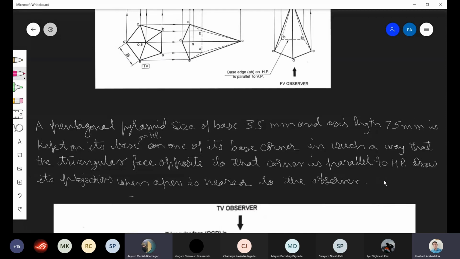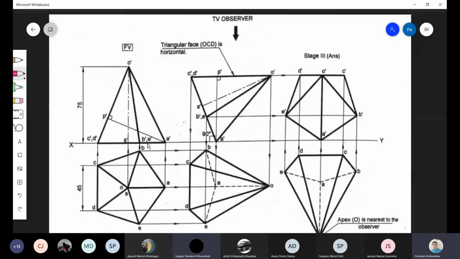सर इसमें एंगल नहीं दिया है ना, कौन से एंगल से टिल्ट करना है सर? नहीं एंगल नहीं दिया है. उसमें you can take it as a question. What is the inclination of the pyramid with HP? You take it as a question. You can pay attention here.